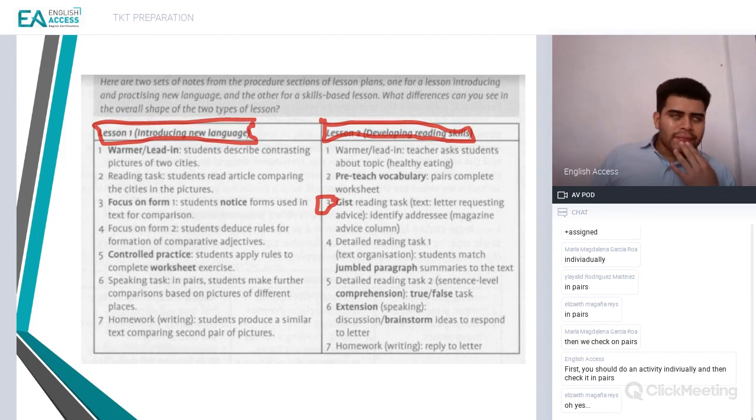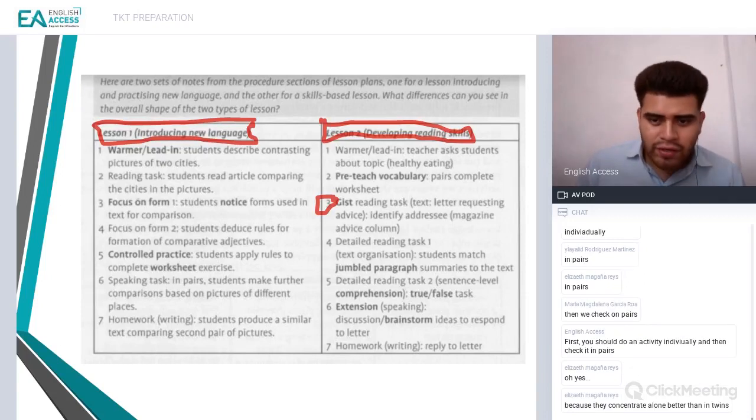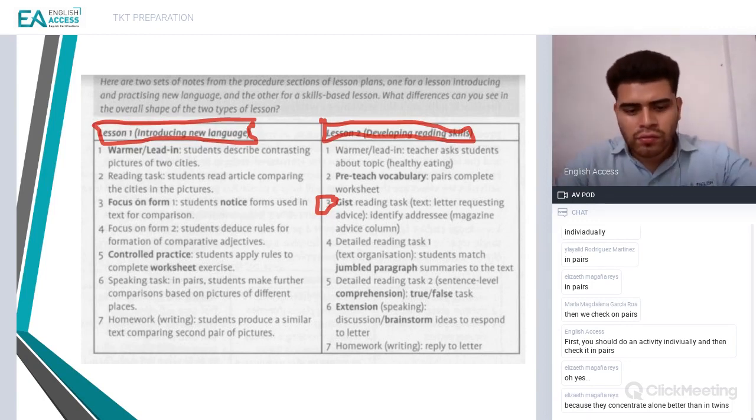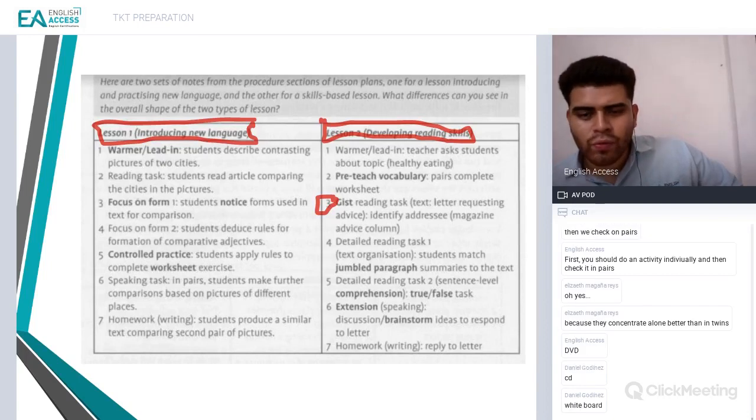What are some different types of teaching aids or things we can bring to the class? We have DVD, CD, the whiteboard.